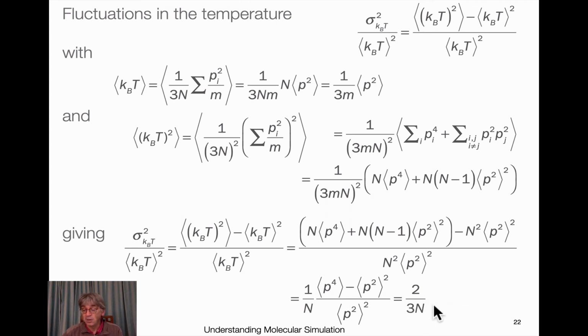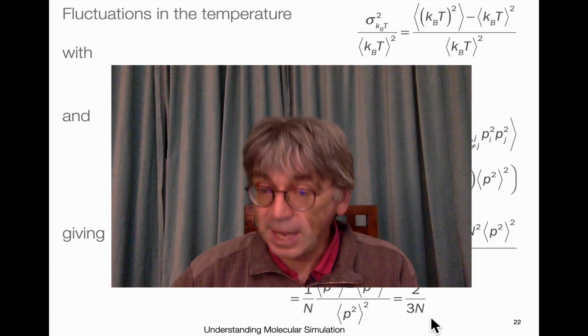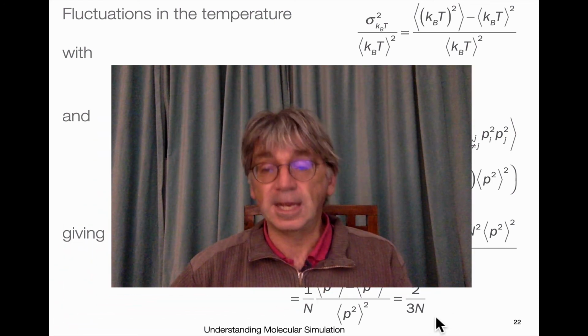It depends on the system size. So that is the important message. Constant instantaneous kinetic energy is not the same as constant temperature, because the canonical ensemble has fluctuations, and those fluctuations depend on the number of particles, and we need to take that into account correctly. How we can do that will be the topic of the next presentation.